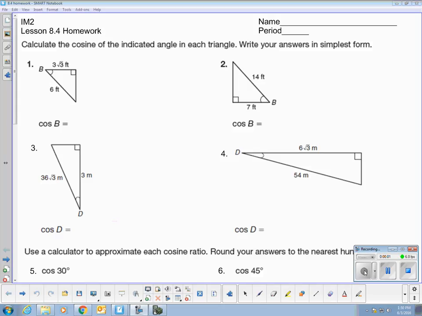Section 8.4 is our last trigonometric ratio, and that's the ratio of cosine. In relationship to our reference angle, cosine is adjacent divided by hypotenuse.